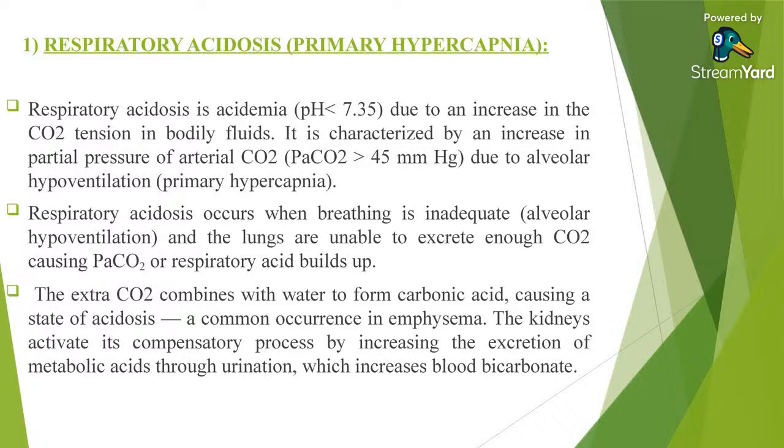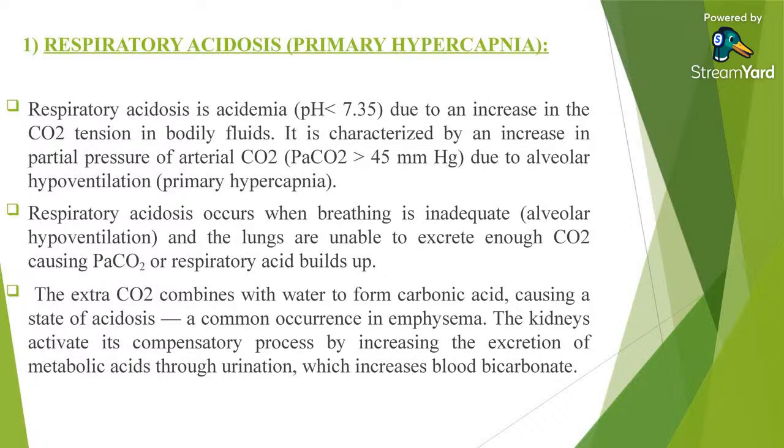So we will discuss respiratory acidosis, which is also known as primary hypercapnia. Respiratory acidosis is acidemia where the pH value is less than 7.35 due to an increase in the carbon dioxide tension in bodily fluids.